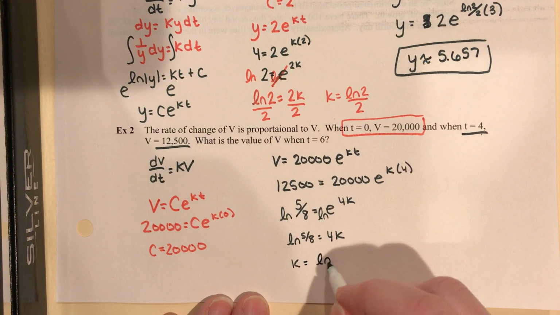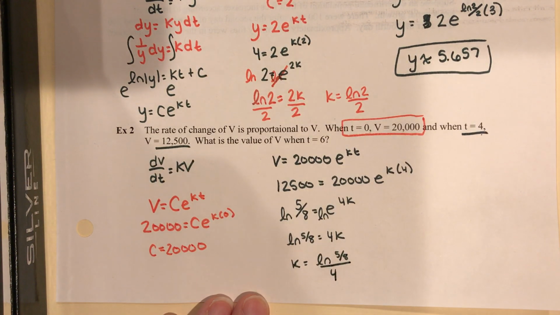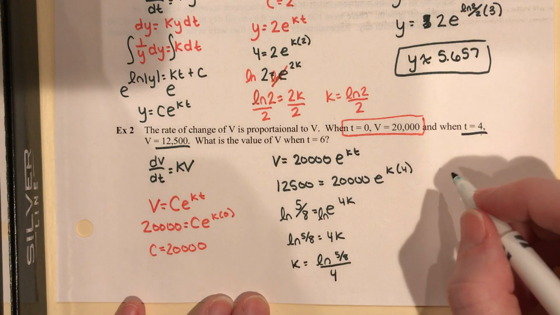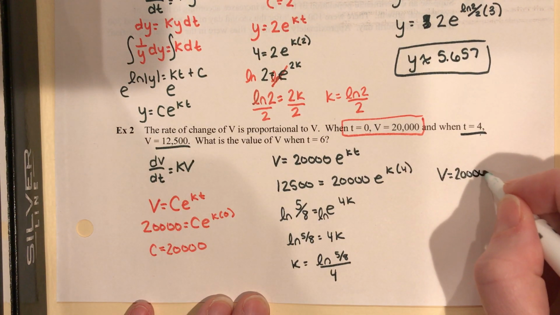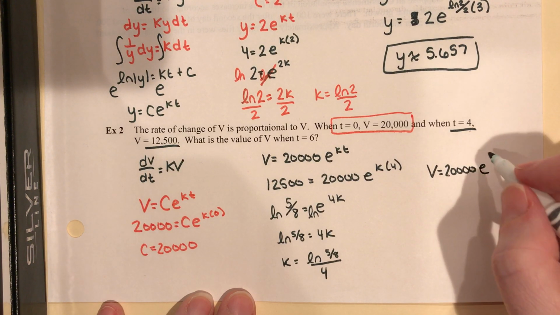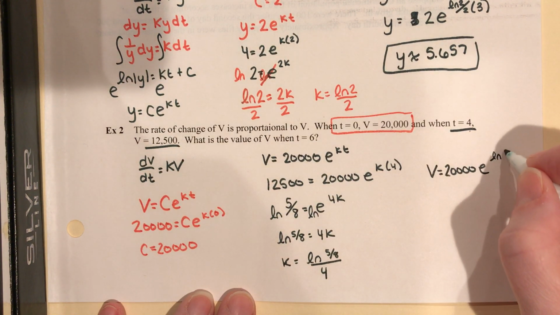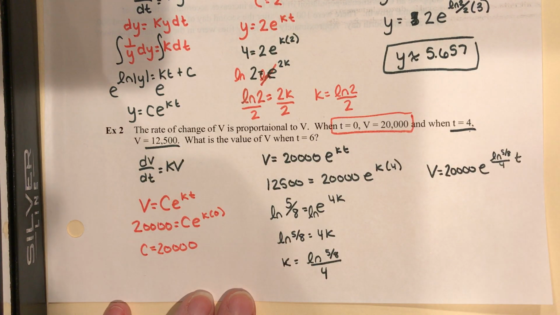K would be the ln of 5/8 divided by 4. So my new particular solution is v is equal to 20,000 e to the k, the ln of 5/8 over 4 times t.